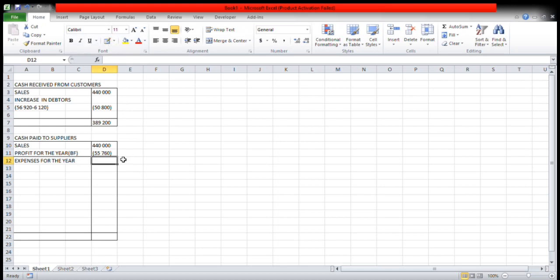We're only going to find the difference between the sales amount and we less the profit for the year. So my calculator says it is 384,240. So the expenses for the year must be indicated inside the brackets, so I will put the brackets.